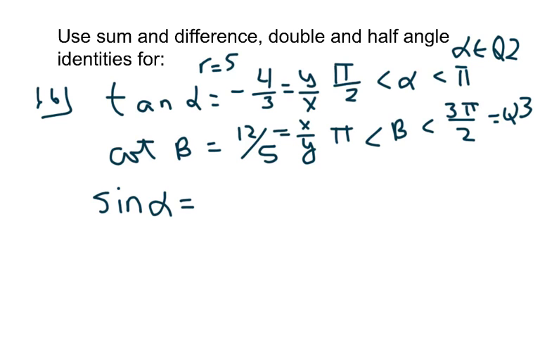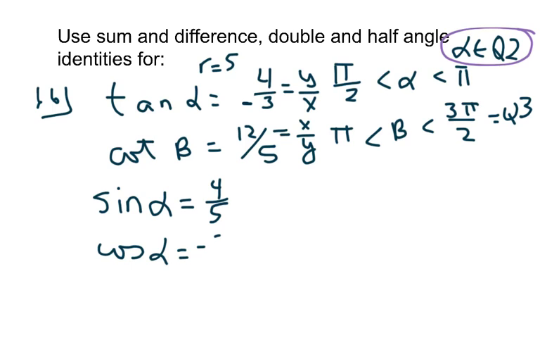So this is going to be 4 over 5. And my cosine is going to be the negative, because cosine is negative in quadrant 2. So with this negative here, I can take it and it really belongs to the x portion. So this is going to be negative 3 over 5.